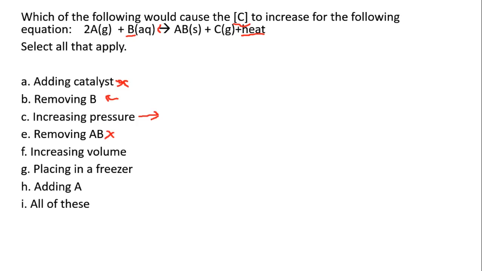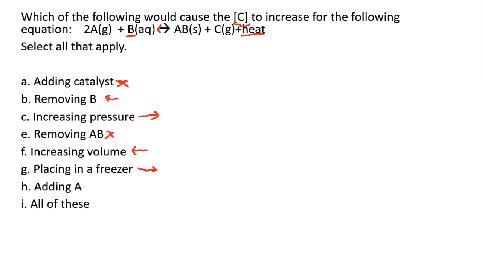So which side has the more moles of gas? That's right, the reactant side. Placing in a freezer. A freezer does what? That's correct. Removes heat. So if we're removing heat from an exothermic reaction, which way will it shift? That's correct. The products.